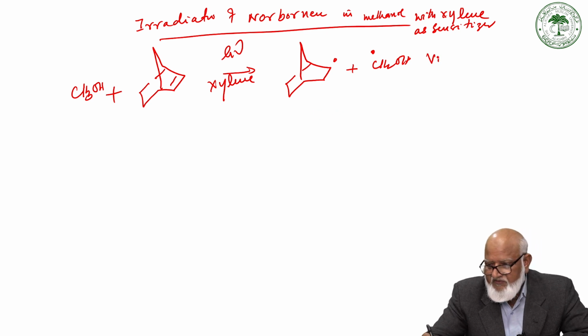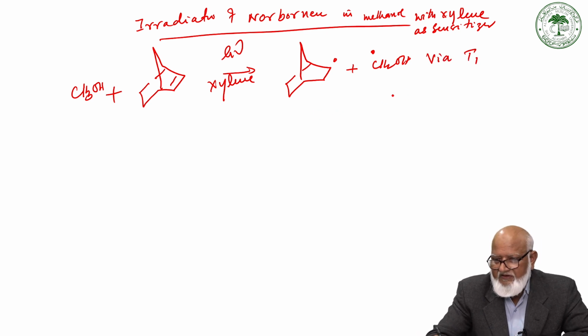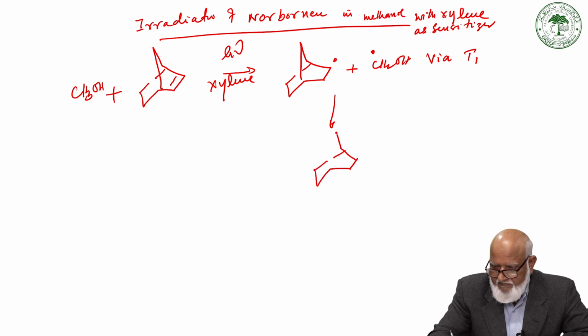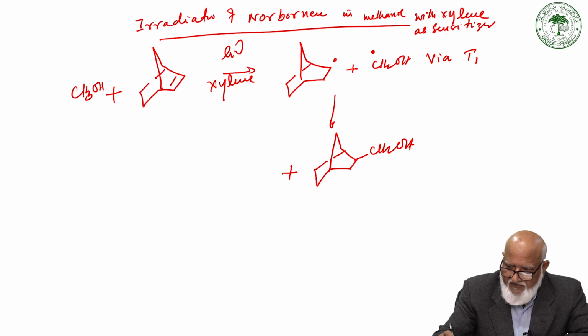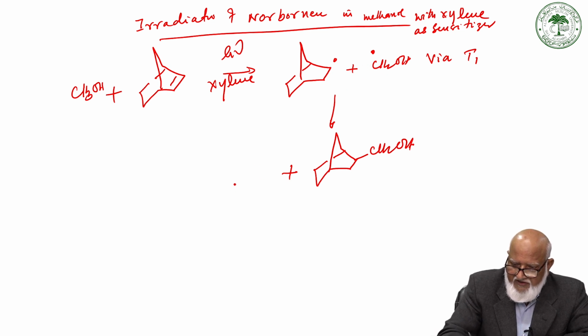The reaction takes place via the T1 state, and this gives different products. We can see the radical coupling with CH2OH, plus a possibility of abstraction of a hydrogen atom to give an aldehyde, and also self coupling.